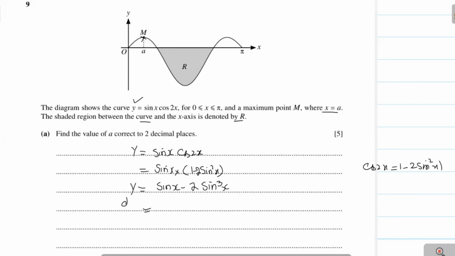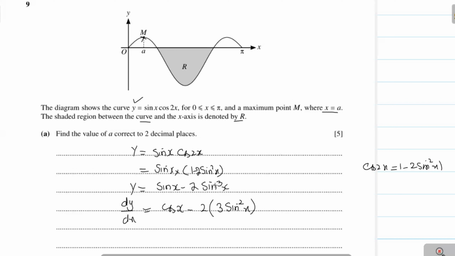Now dy over dx will be equal to the derivative of sin x, which is cos x, minus 2 is written as it is. Now the derivative of sin cube x, firstly we take the power formula, this is 3 into sin square x.